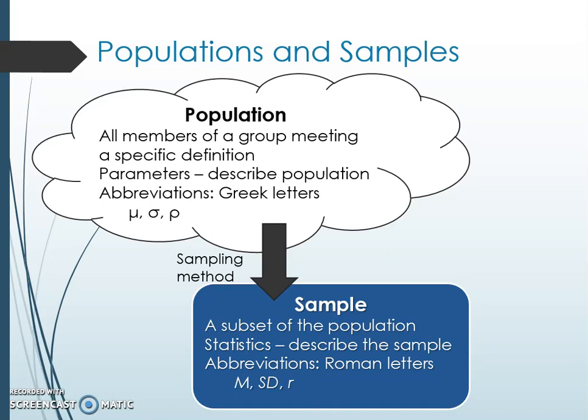Since we very rarely actually do what's called a census study where we look at everyone in the population, instead we'll take a sample, using some sort of sampling method, such as simple random sampling, which fairly rarely occurs in education, or cluster sampling, where we would take groups of individuals that are naturally occurring, such as students in a classroom or a school, or we could use a convenience sample, where we're collecting information on students because people have volunteered to participate in the study.